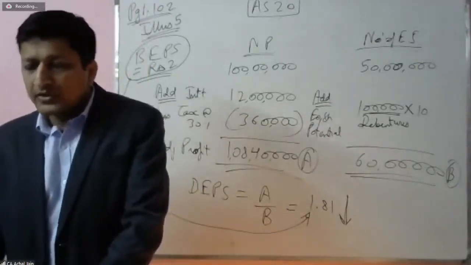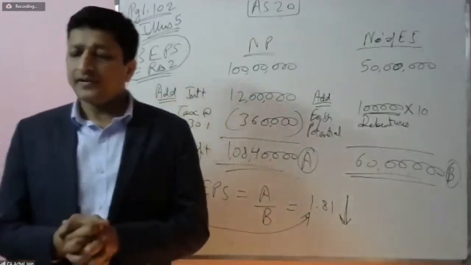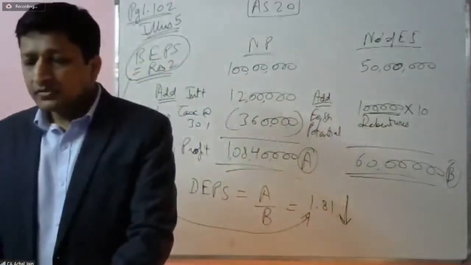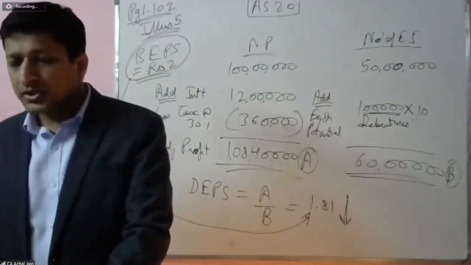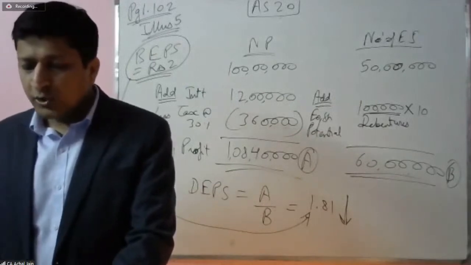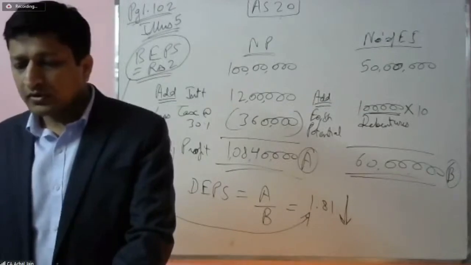Pratibha is clear, Vrinda is clear, Vandana is also clear on this, Sandeep is clear. Great. So with this, we come to an end to our discussion on AS20. And you should mark this illustration number 6 for your homework.